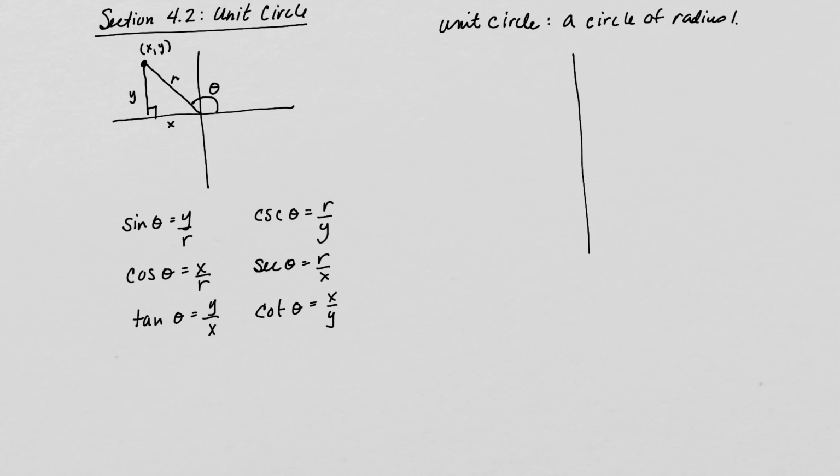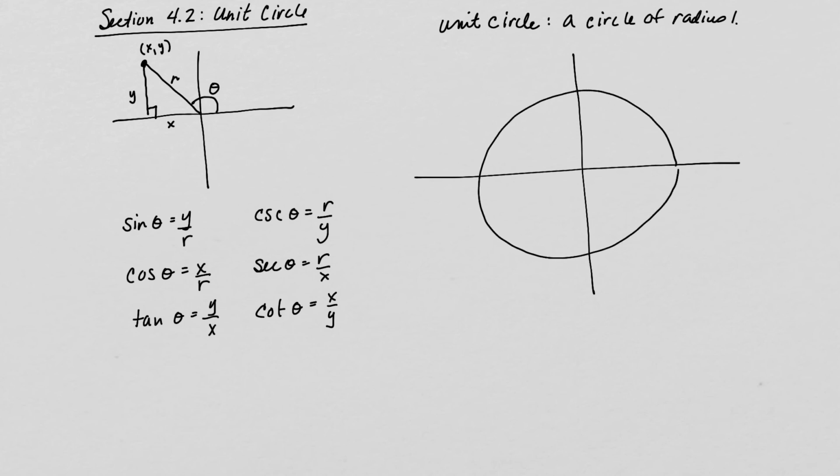So the idea here is, I have a circle and this radius here is 1, right? So the distance from the center out to here is 1, which means this point here is the point 1, 0. Right? 1 on the X, and I'm not moving anywhere on the Y.